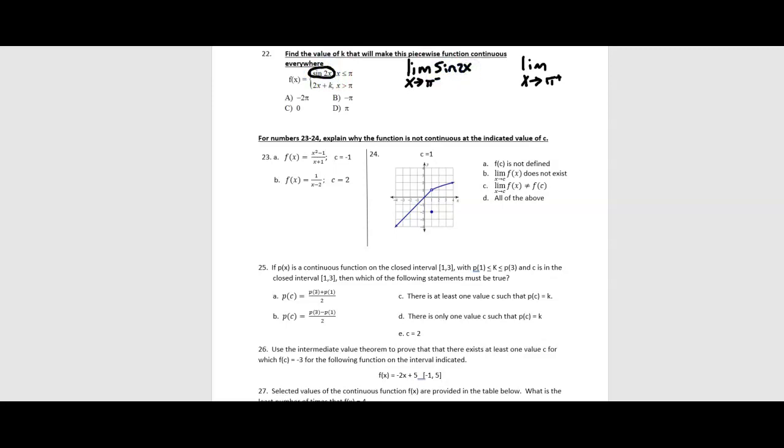Well, if I'm approaching pi from the left, which is what that little negative indicates, that means we're approaching pi from values of x that are less than pi. And so we would use sine 2x. And if I'm approaching pi from the right, then I would use the other piece, which is 2x plus k. I want to find the value of k that will make these two pieces connect, so I want these two limits to be equal. So I'm going to go ahead and plug pi into the sine.